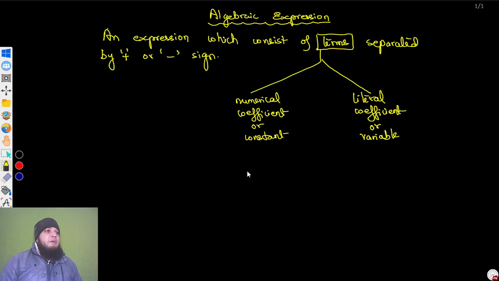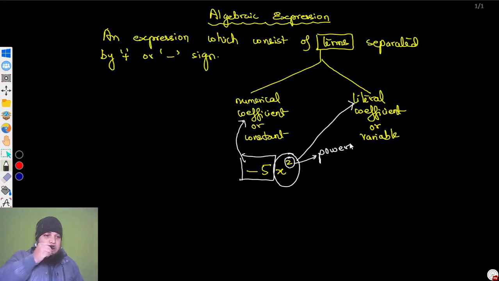For example, if I have written minus 5x square, now this minus 5 will be considered as the constant, and this x square will be considered as the literal coefficient, and this 2 will be considered as the power. So when these kinds of terms are present and they are separated by plus or minus sign, that is called the algebraic expression.